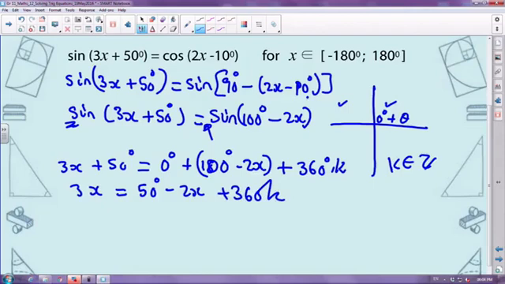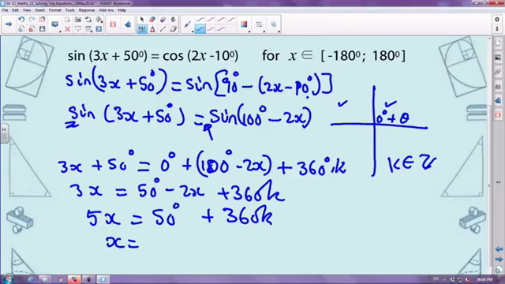And then you've got to make x the subject. I still have an x on the right hand side, so take it across. You've got your 5x is 50 degrees plus 360 times k. Now, we said we make x the subject of a formula because that's what you're solving for.